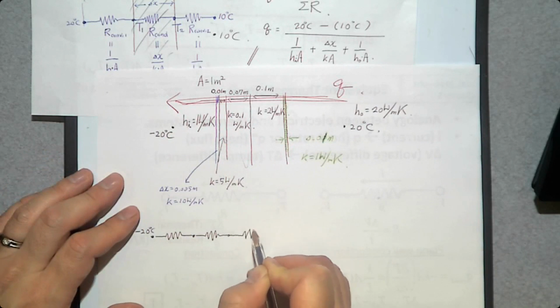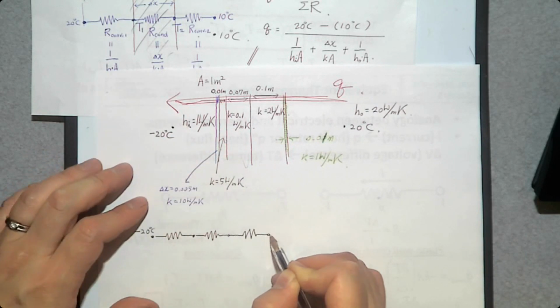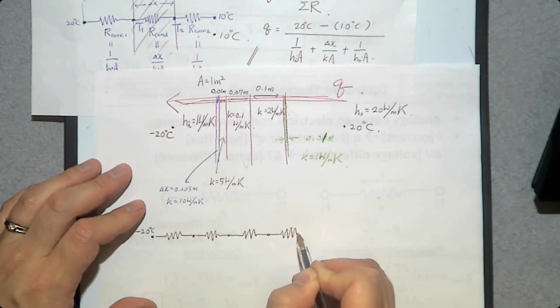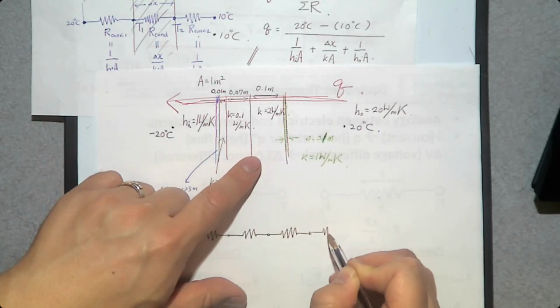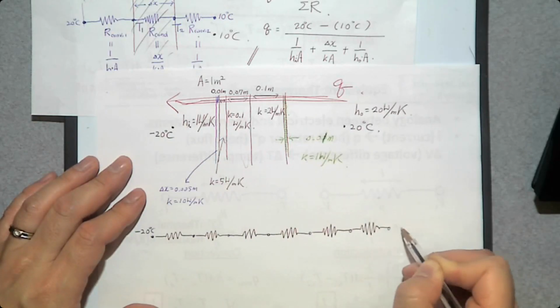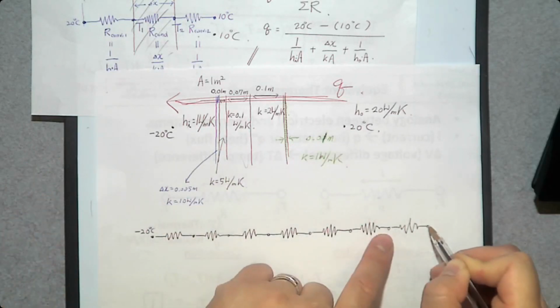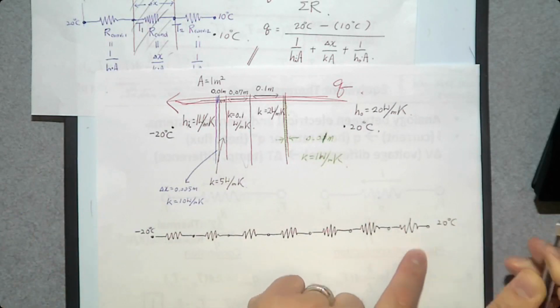Drywall. What else? Insulation. And the wall. And glass, the green glass. And finally, convection outside between the outer surface and 20 degrees Celsius.